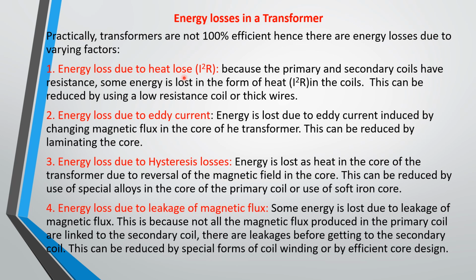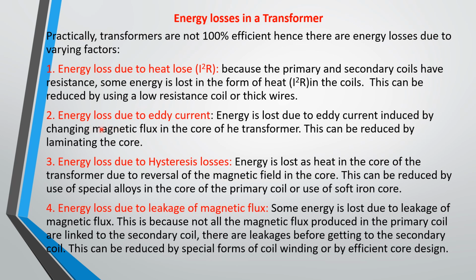Because the primary and secondary coils have resistance, some energy is lost in the form of heat in the coils. This energy loss can be reduced by using low resistance coils or thick wires. So energy can be lost due to heat in a transformer.